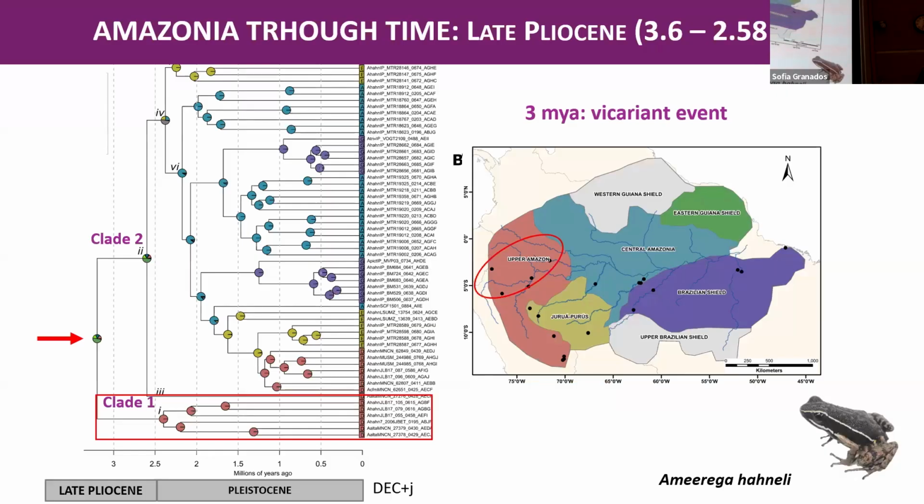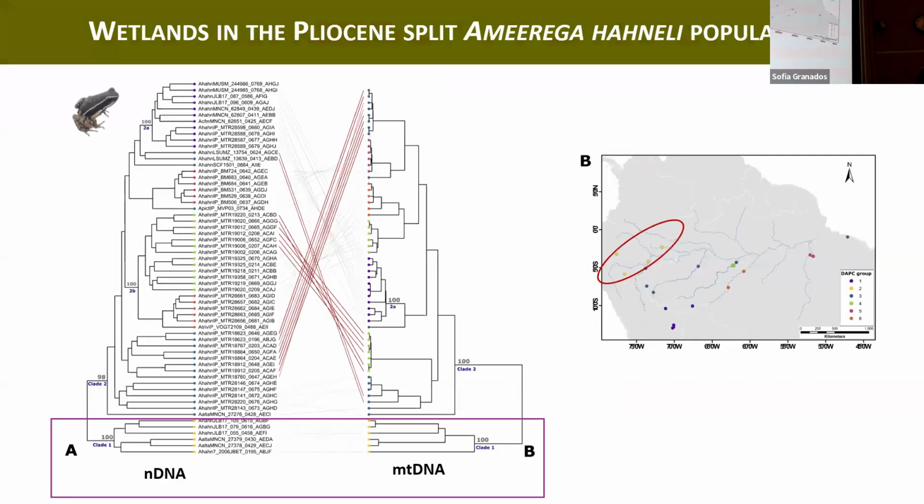With this clade, the early divergent clades, there's something interesting that we found: when you analyze the nuclear DNA and the mitochondrial DNA, we recovered the same two highly supported clades in both of the phylogenies. We also recovered that these populations right here were recovered as one unique population.